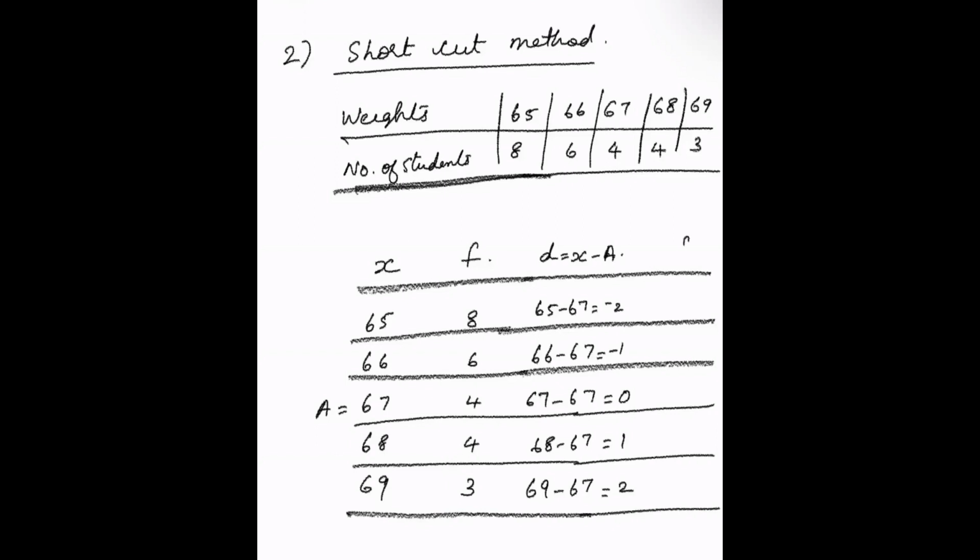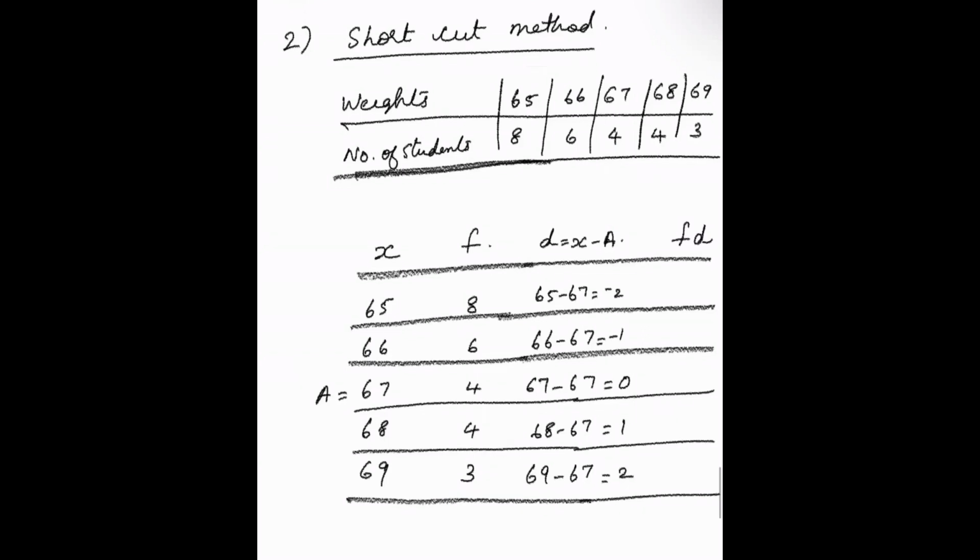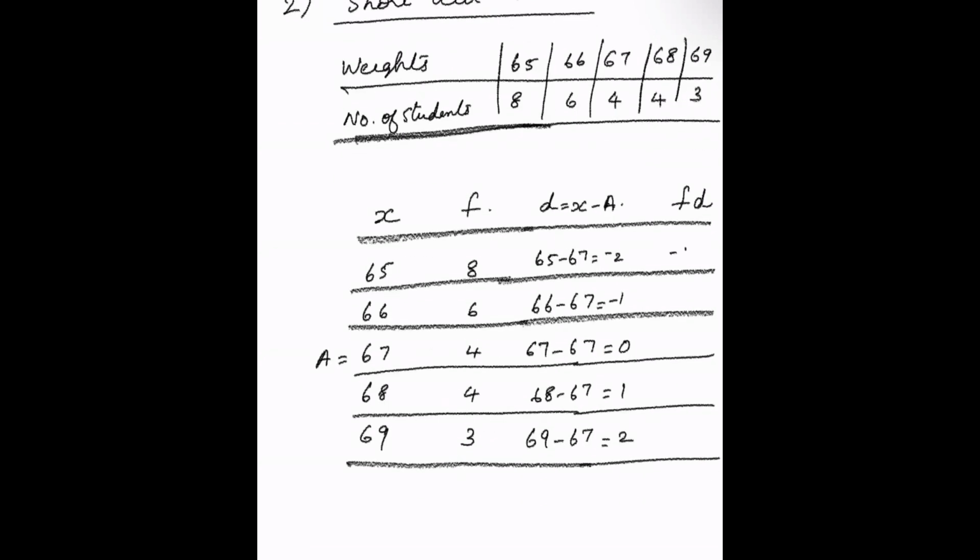So next step is F into D. I am multiplying F and D. Now I can do the multiplication without a calculator or any working column. It is -16. Next one is -6. Third one is 0, then 4, and 6. Understood? So the calculation becomes very simple.